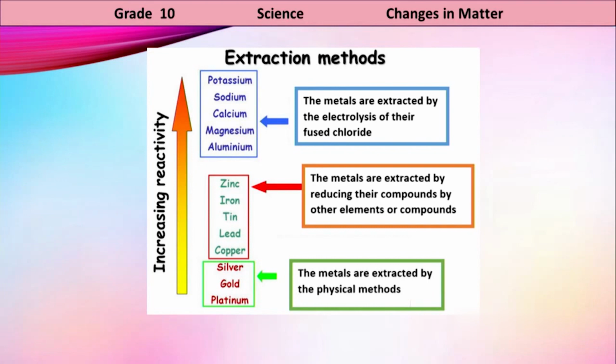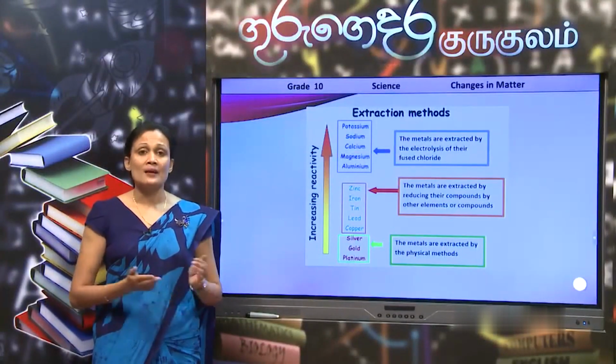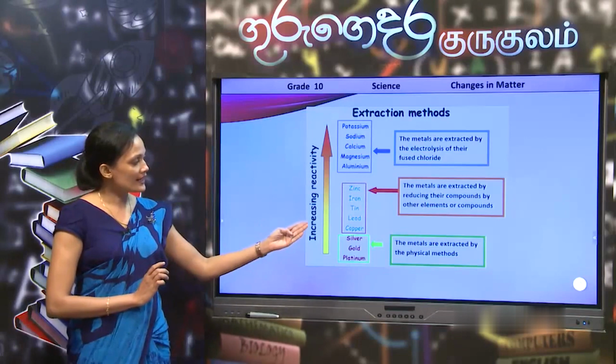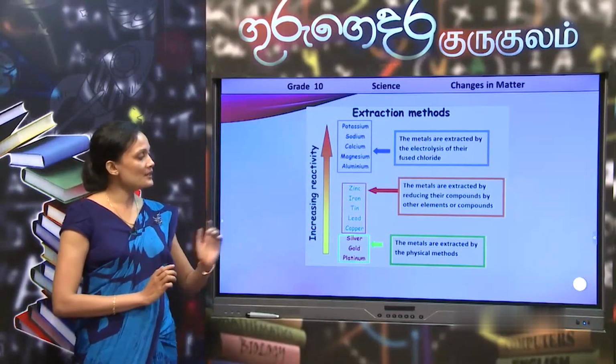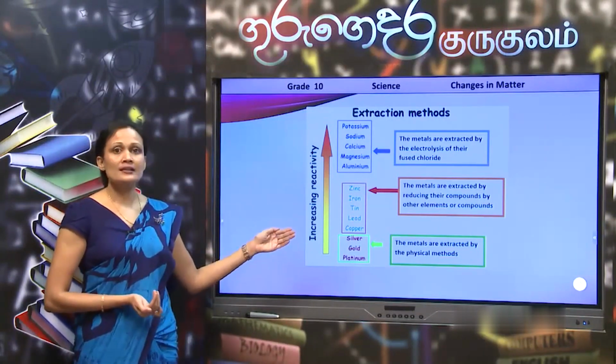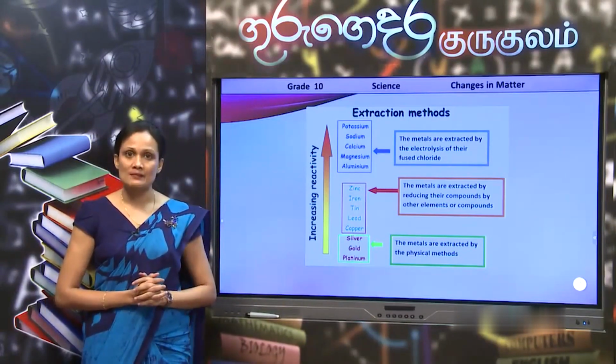Middle reactivity metals like zinc, iron, tin, lead and copper we can extract by reducing their compounds with other elements or compounds. Silver, gold and platinum are present in nature as native metals, so we can extract these metals by simple physical methods. Likewise, we can identify the extracting method of metals by using the order of metals in the reactivity series.